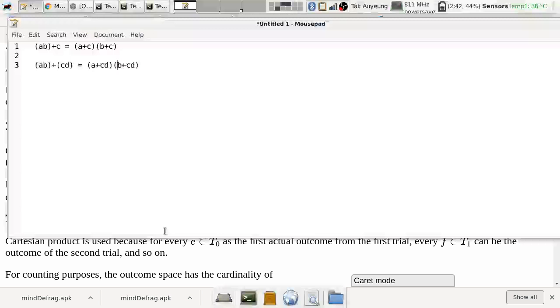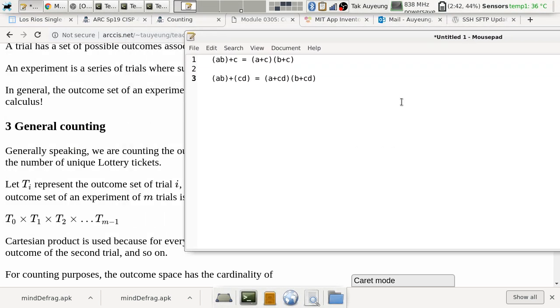So if I were to write it out, in this case, when we are flipping the coins, I'm going to make it clear what we are talking about here. So we basically say that there are 3 trials of flipping coins per experiment. In this case, I'm going to use T subscript 0.